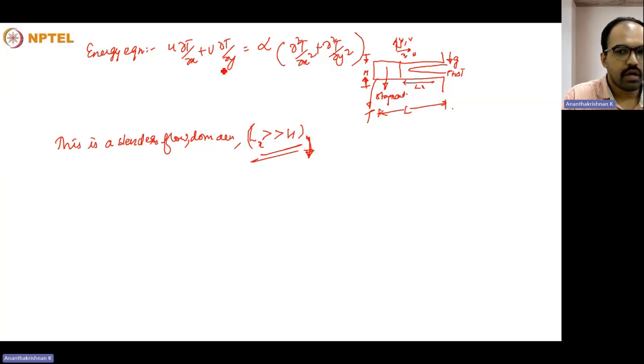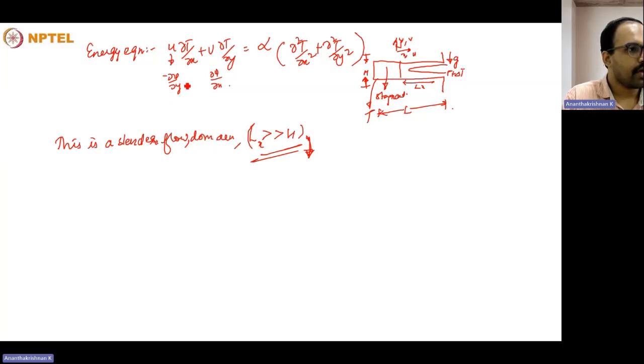Therefore, u could be represented as minus of dou psi by dou y, and v can be represented as dou psi by dou x.